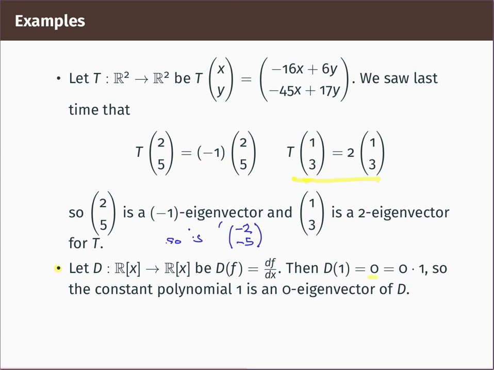And that means the constant polynomial 1 is an eigenvector with eigenvalue 0, because d of 1 is equal to 0 times 1. So again, to emphasize, eigenvalues can be 0. That's absolutely fine. But an eigenvector must be a non-zero vector. So here, the constant polynomial 1 is an eigenvector for d with eigenvalue 0.